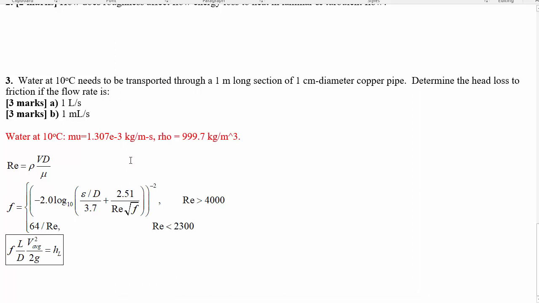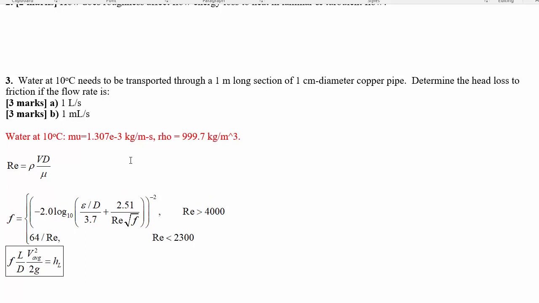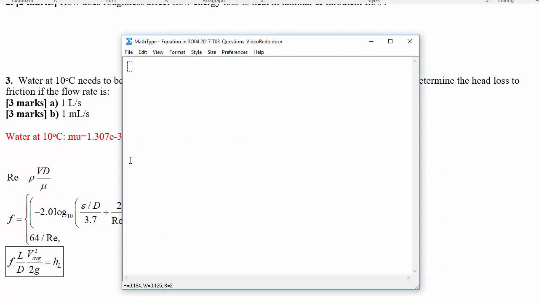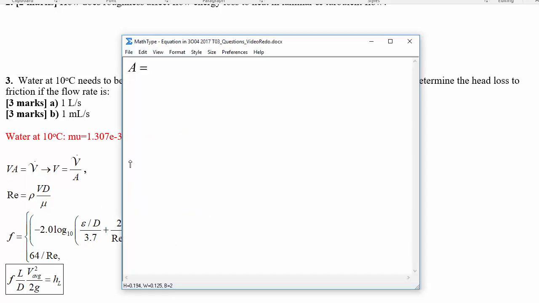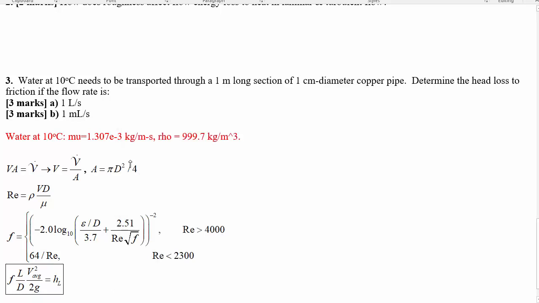In terms of flow rate, we could write the velocity times the area is equal to the volumetric flow rate, so that the velocity is the volumetric flow rate divided by the area, and the area is pi diameter squared over 4.